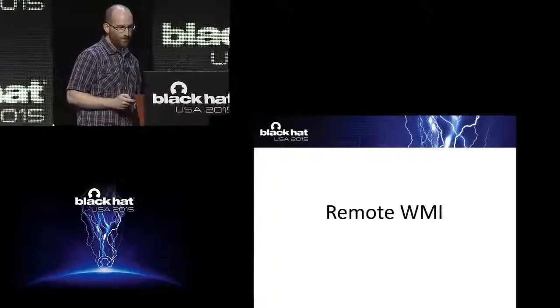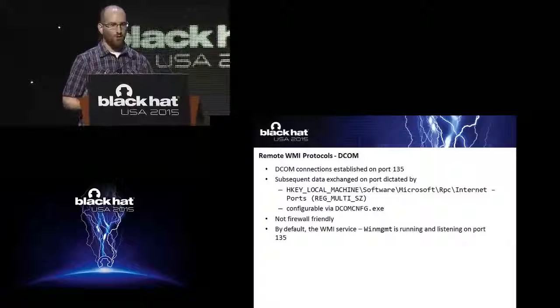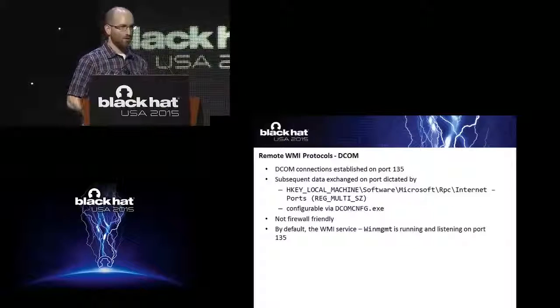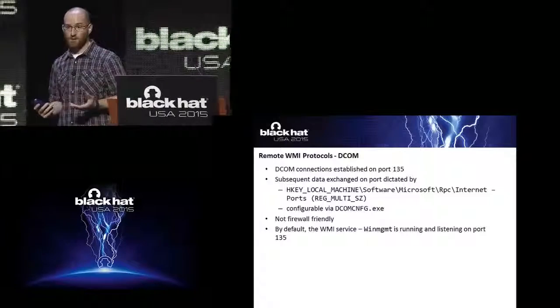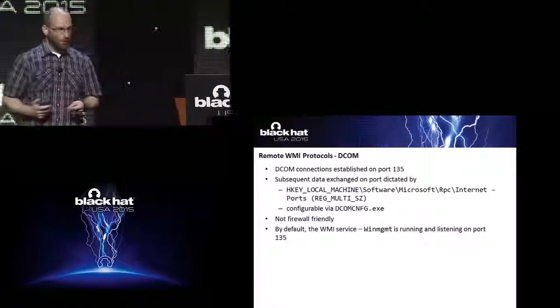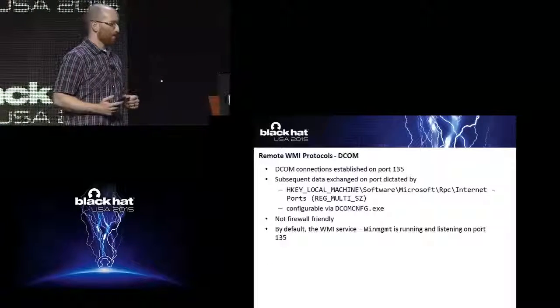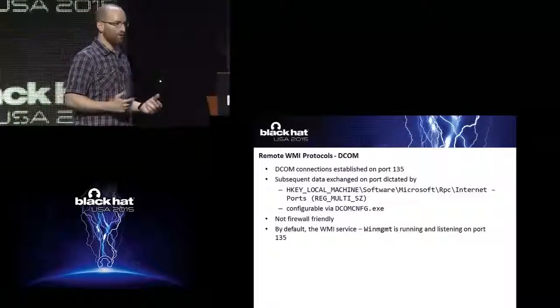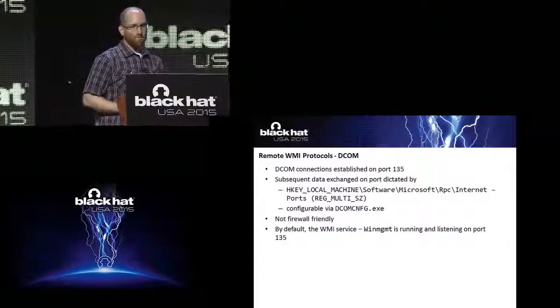All right, so if we're gonna interact with this stuff over the network, which is pretty amazing that we can do this because on every system, the WMI service is already listening. All right, so the protocol that's been around forever that is still likely listening on every single one of your systems is DCOM, TCP port 135.